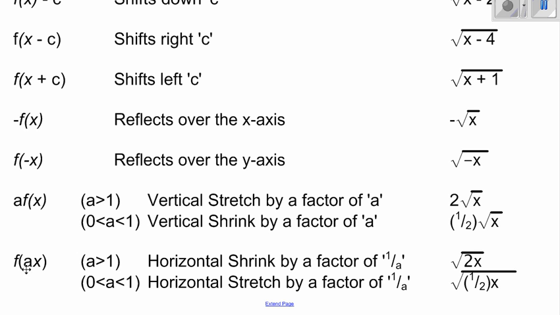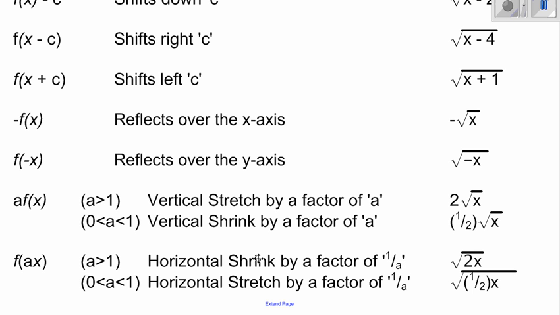If you multiply right on with the x, again, it's backwards anytime it's with the x. Multiply by something bigger than 1, it will actually shrink it by a factor of 1 over a. So this 2 in front of the x inside the square root actually does a horizontal shrink, makes it skinnier by a factor of 1/2.